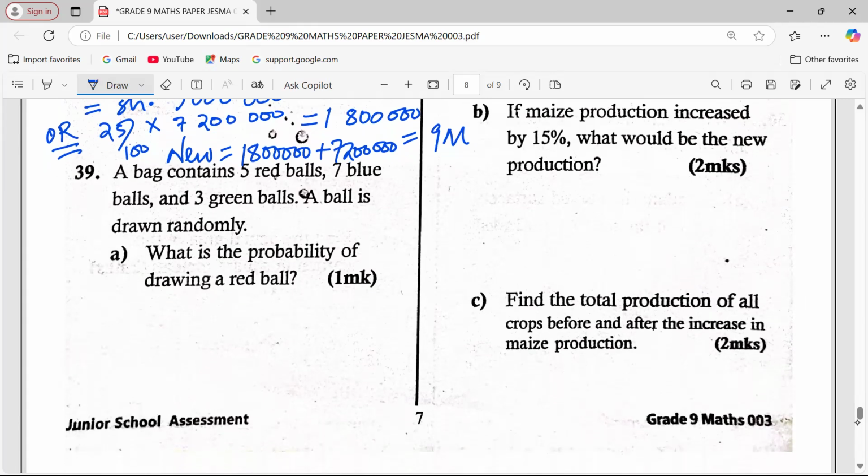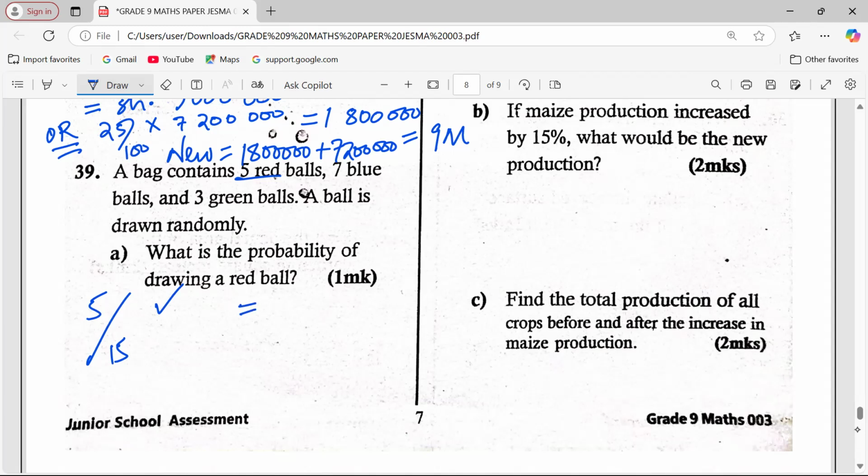So to pick a red ball, that's now the favorable outcome that we need. They are 5, out of the total number of balls contained here, which are 15. So this is the probability of picking a red ball.